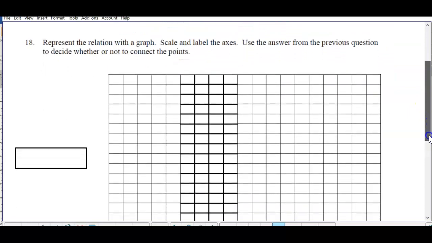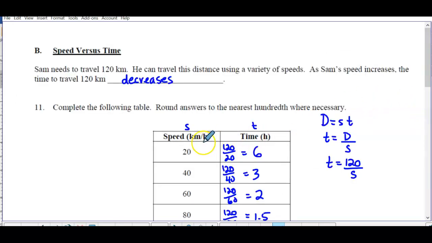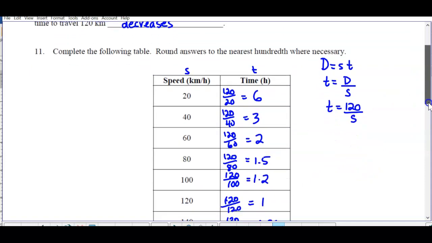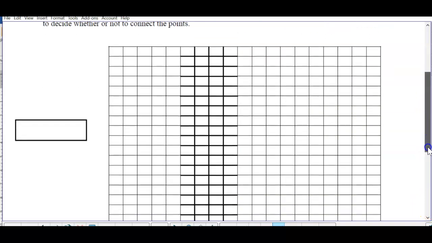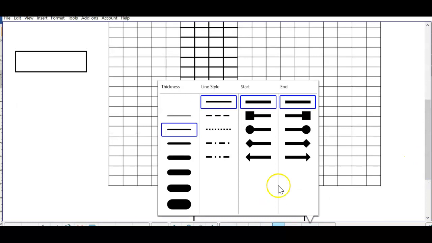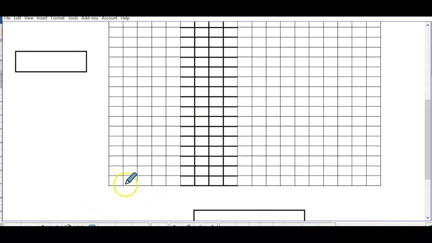Okay, so now we have to think about the graph. When we take a look at our table of values, our speeds went from 20 to 140, and the speed was our independent. So over here, I'm going to go to the bottom. Okay, so we've got 1, 2, 3, up to 19.